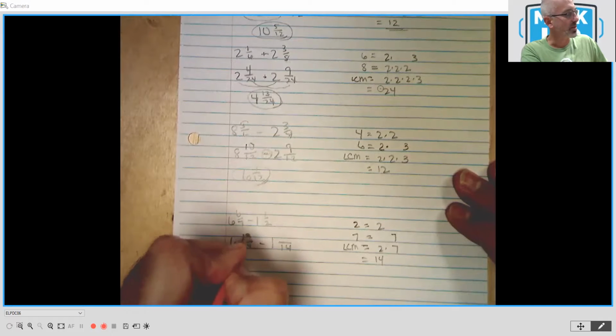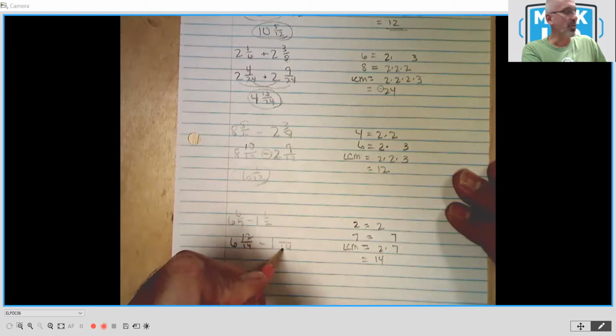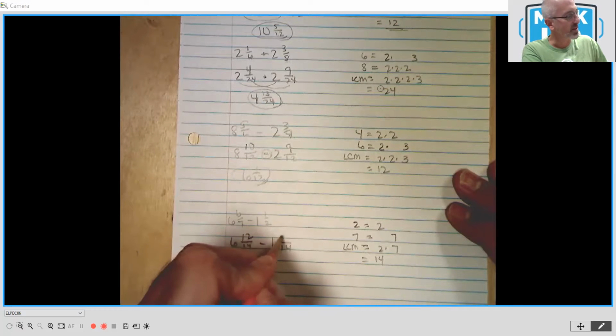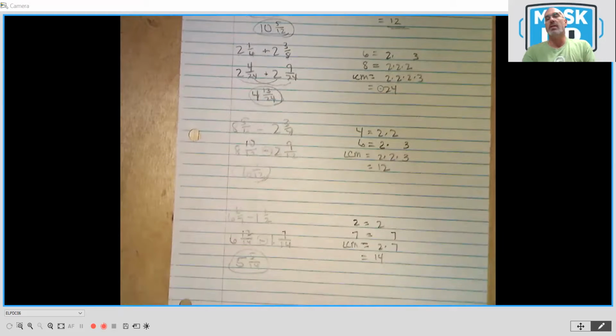So 6 times 2 is 12. 2 to 14, we multiply by 7. 1 times 7 is 7. Now we can subtract. 6 minus 1 is 5. 12/14 minus 7/14 is 5/14. And that is in simplest form. And that is how you add and subtract mixed numbers.